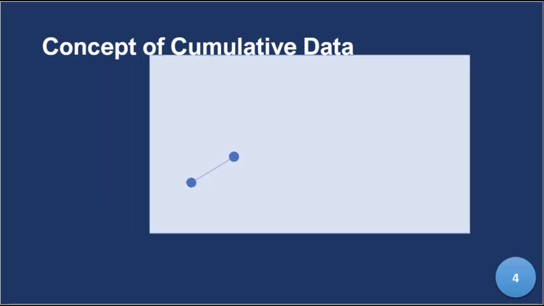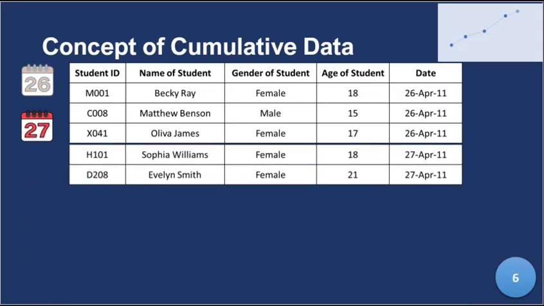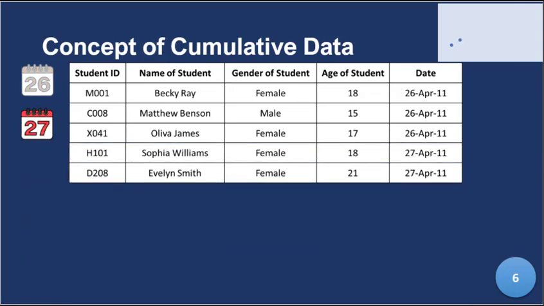Just to explain it a bit, we collect some data from students on the 26th of whatever month you have in mind. So that's 3 students we can see live there. On the 27th, we also collect some more data. Now, cumulatively, we have 5 people we have collected data for. And that's the 27th April 2001, the date of collection.